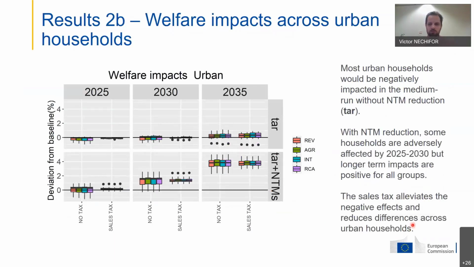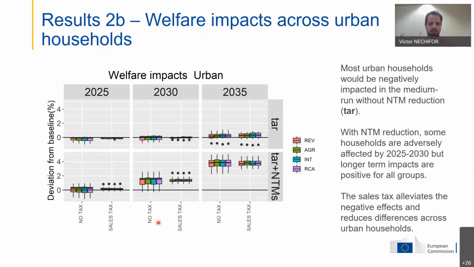For the urban households, the story is a bit different in the sense that we see a lot of negative impacts in the transition to 2035, especially in the tariff-only reduction. And this is to a lesser extent in the tariff plus NTMs.